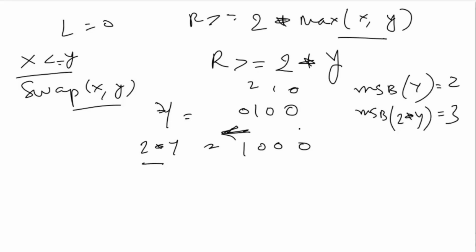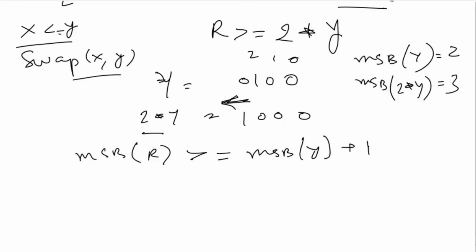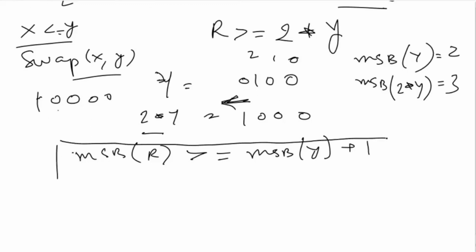So you can see that the MSB of R is greater than or equal to the MSB of y plus 1, because you can take R as 10000, in which case the MSB of R will be 4 and here it is only 2. So this is an important relation: R greater than or equal to 2 into y means that the MSB of R is this.